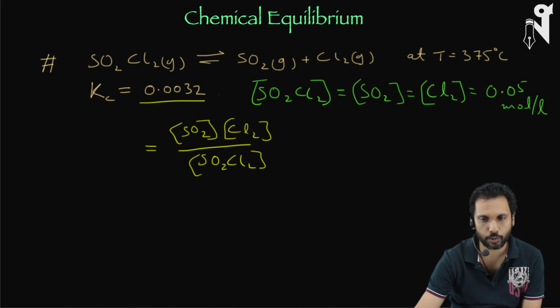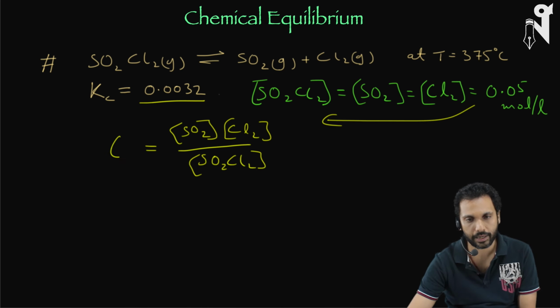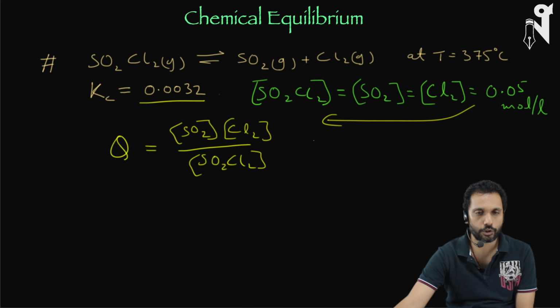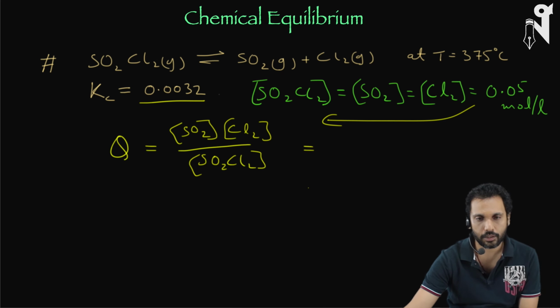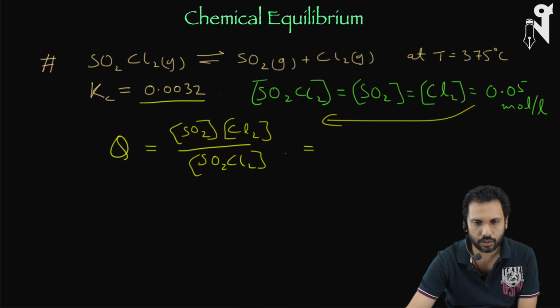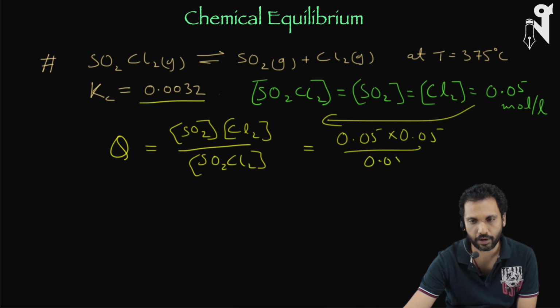When we put in these values of 0.05, the left hand side will be called Q and not K, because we are not sure whether it is at equilibrium or not. So when we do that, what do we get? We get 0.05 into 0.05 divided by 0.05, which is 0.05.